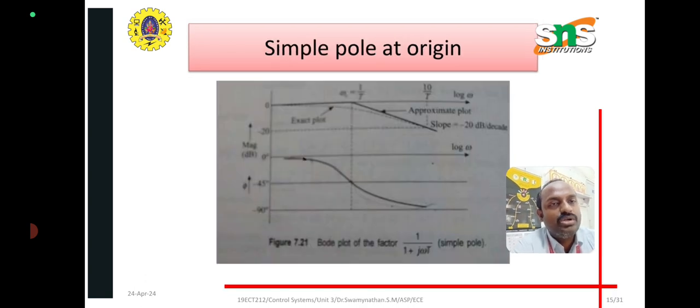Next, the simple pole at the origin. Then the Bode plot of the factor 1 by 1 plus j omega T for the simple pole. These are all the diagrams.